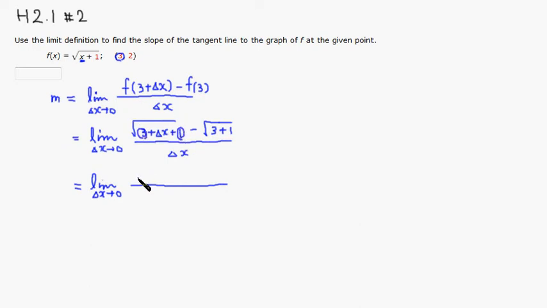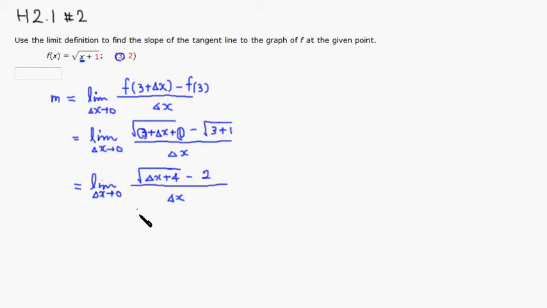So we can write it as the square root of delta x plus 4, minus, right? 3 plus 1 is 4. The square root would be just 2, right? Then you have a delta x still on the bottom.